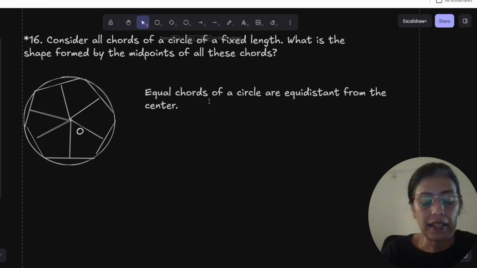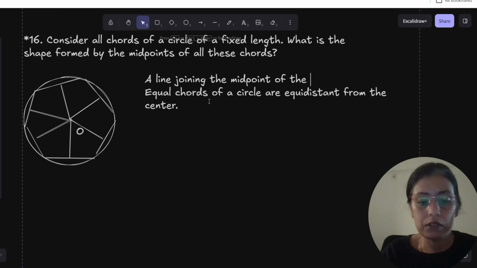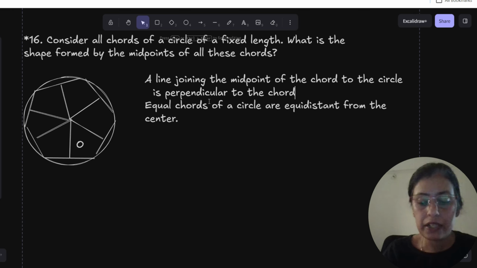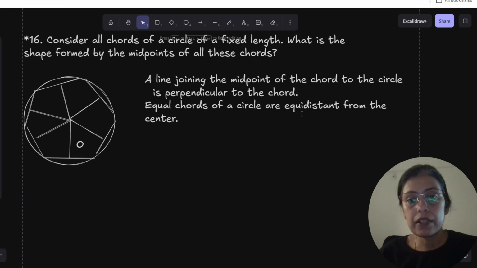So this means that a line joining the midpoint of the chord to the center is perpendicular to the chord. This is also one of the theorems that we learned, right? It was the converse of theorem 5.